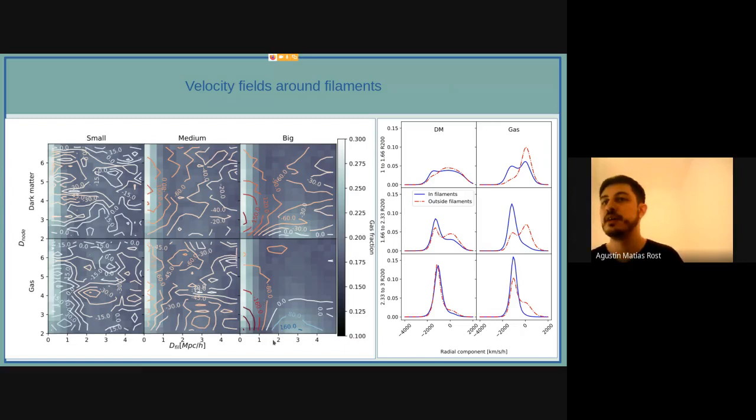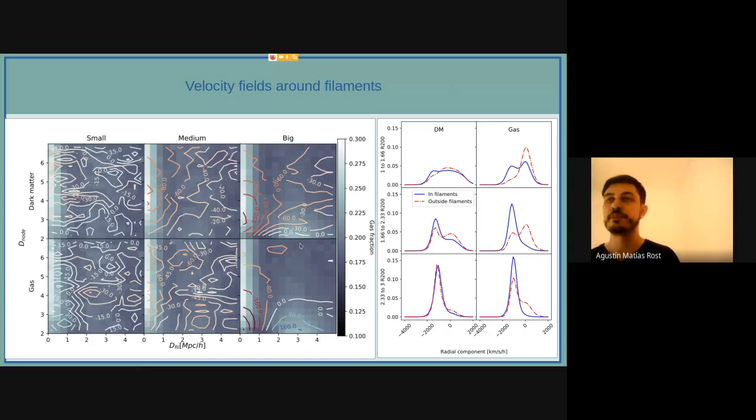But here, between 2 and 3 megaparsecs, we see the bump in the gas fraction that we have seen in the other plots, and we can see that the velocities are also positive, so it means that the gas is flowing away from the node. For the gas this happens, but for the dark matter it doesn't.